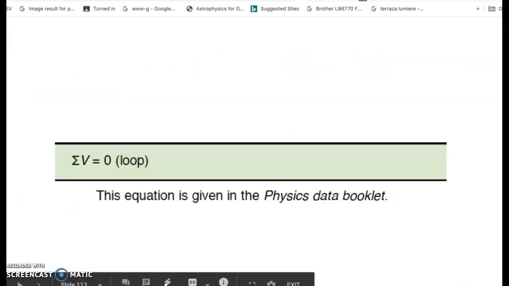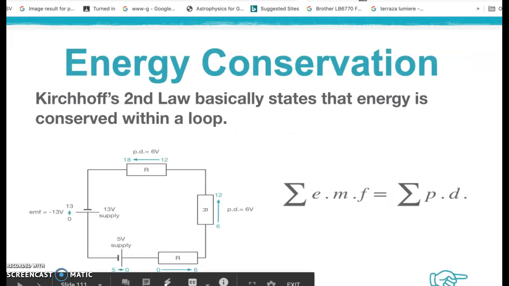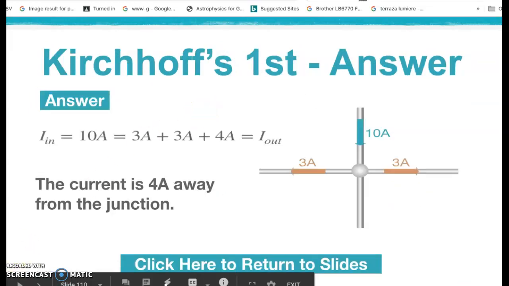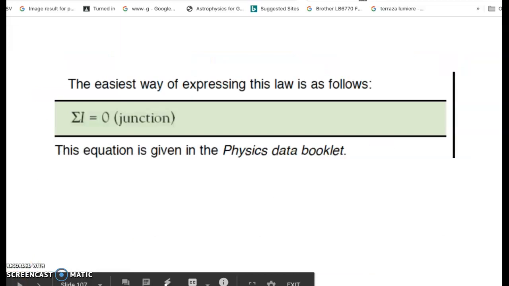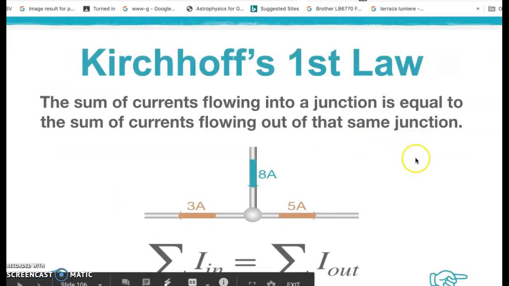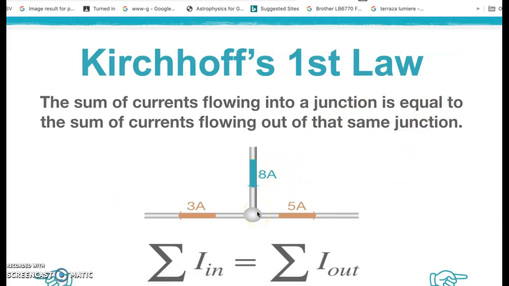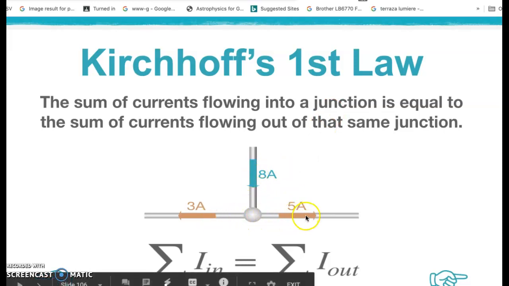So let's start with Kirchhoff's first law. His first law is that the sum of currents flowing into one of these junctions is equal to the sum of the currents flowing out of that junction. So what goes in must come out.